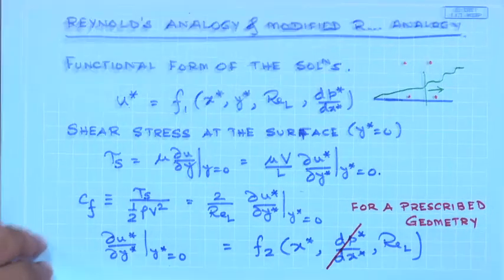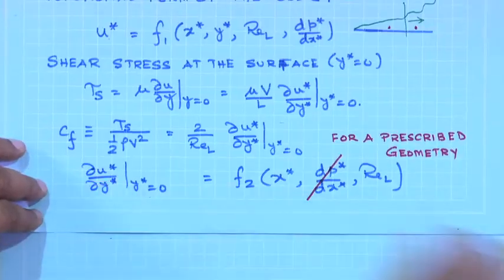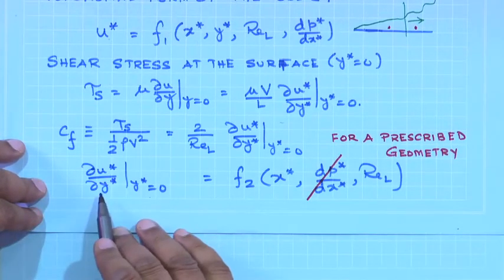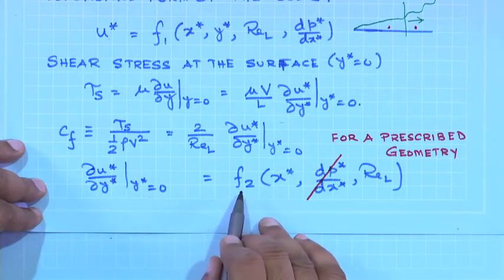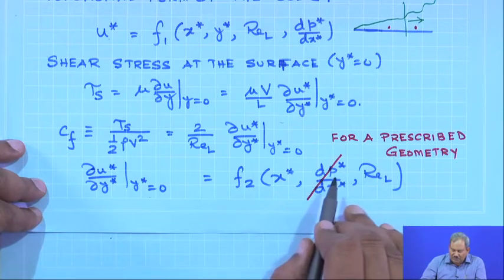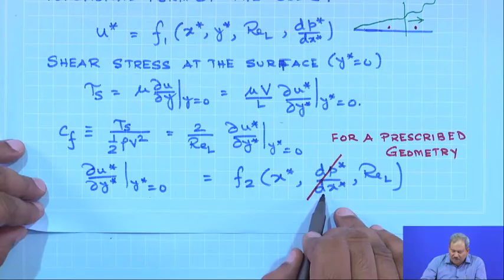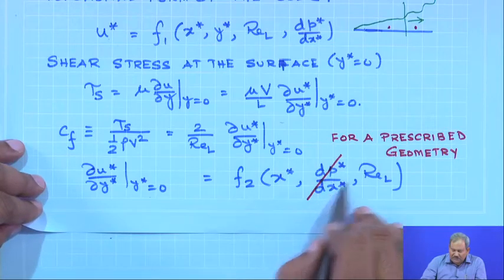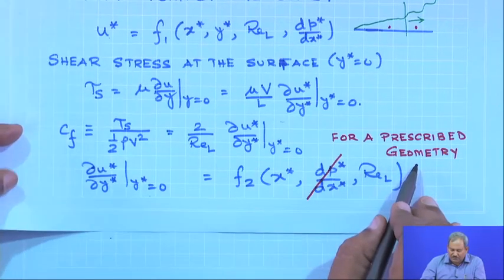So, in terms of the functional form of the equation, whatever I have written here can simply be written once again as ∂u*/∂y* at y* = 0 is a function only of x* and Reynolds number. I need not mention dp*/dx* for a prescribed geometry.